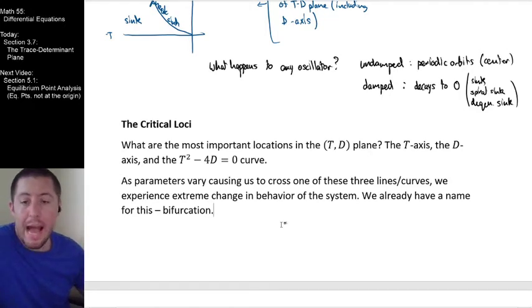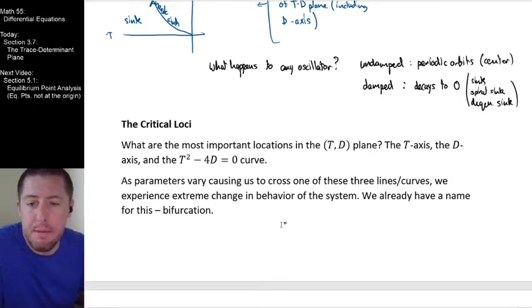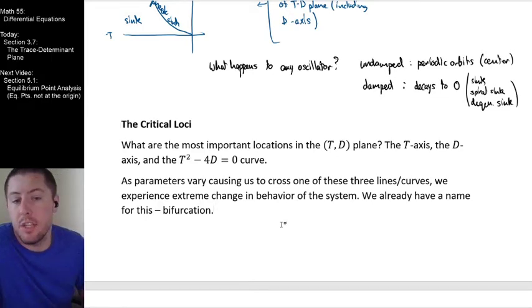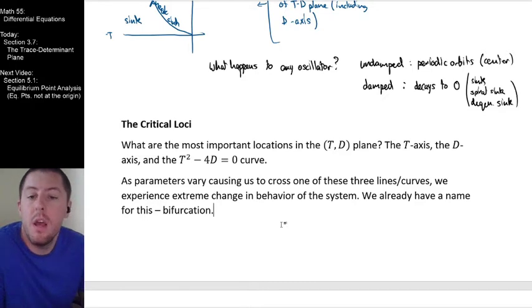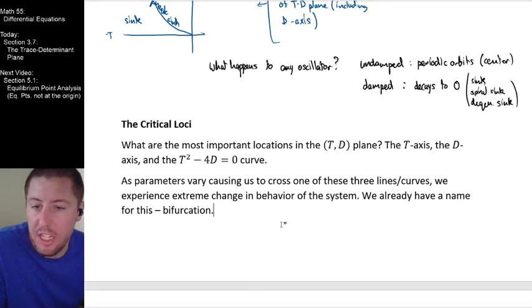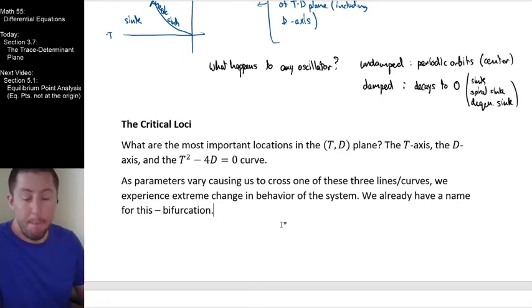So as the four values A, B, C, D within our A matrix vary, it might cause us to cross one of the three lines or curves, the two axes and the curve out there, which would cause us to experience extreme change in the overall behavior of the system. We already have a name for this type of thing. When a small change in parameter leads to a broad categorical change in behavior, that's referred to as a bifurcation.